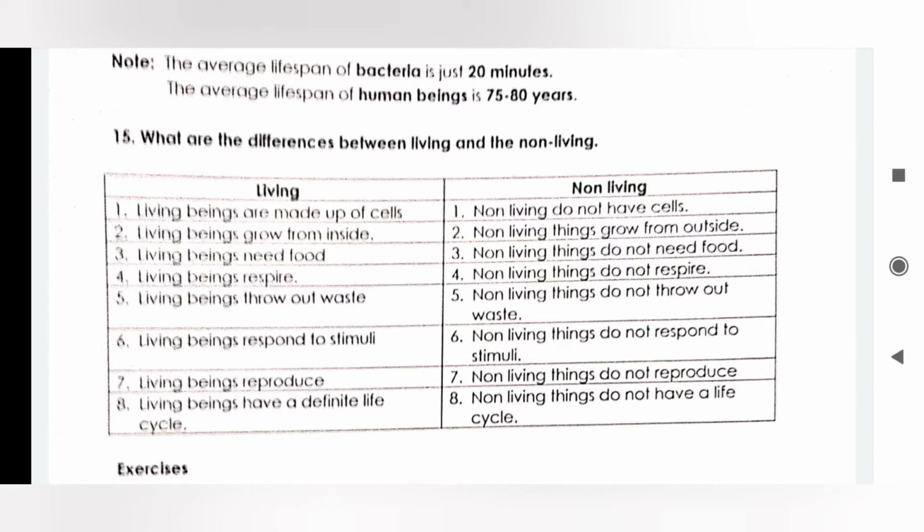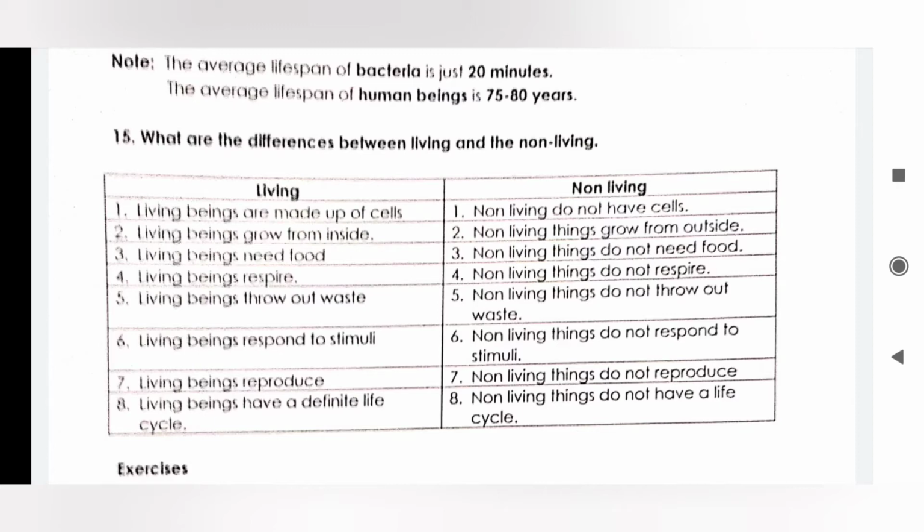Respiration, the inhaling and exhaling of air. So, living things inhale oxygen and exhale, breathe out carbon dioxide. This process is known as respiration. But non living things do not respire as they don't have life at all.